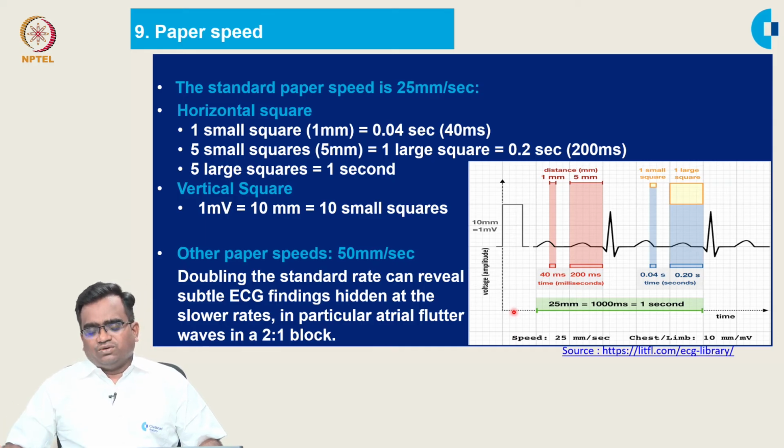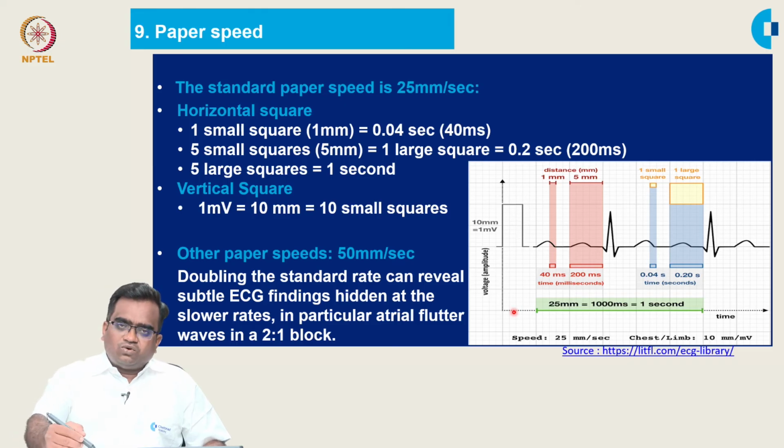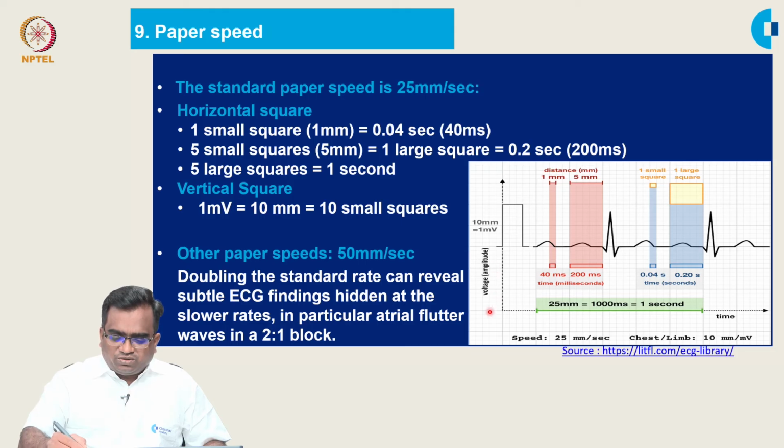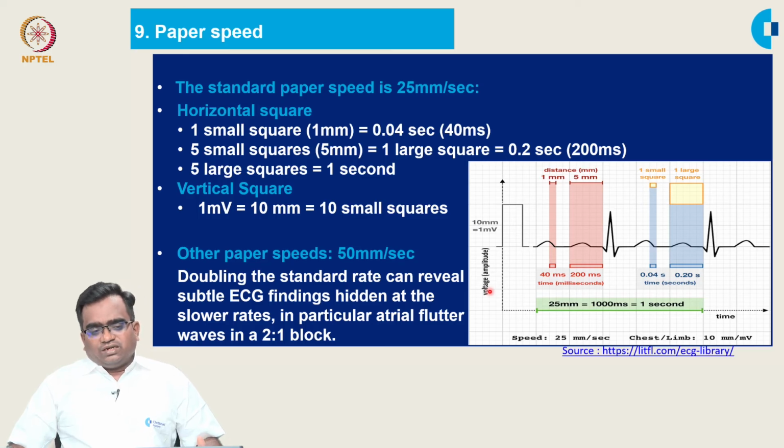time duration. Next, if we move on to the voltage, 1 millivolt is equal to 10 small squares. So, 10 small squares is 1 millivolt. Before recording an ECG, the paper speed has to be set to 25 mm per second.